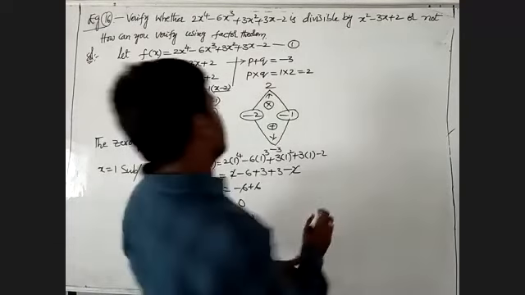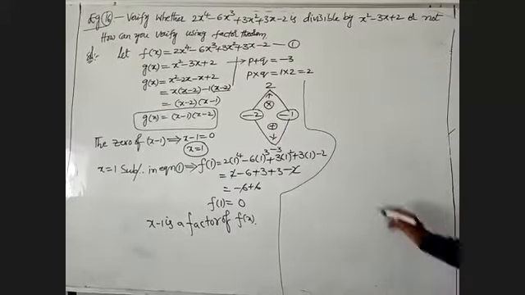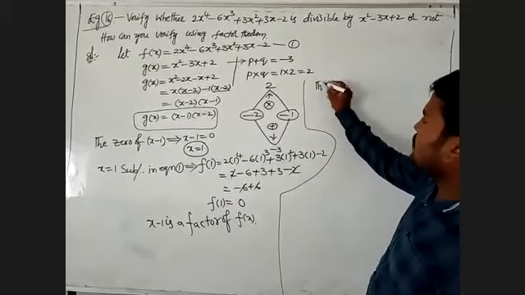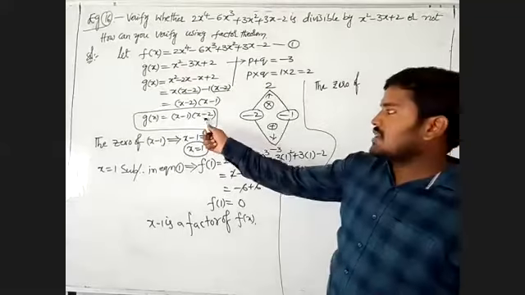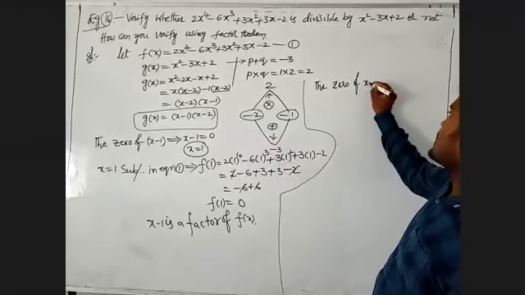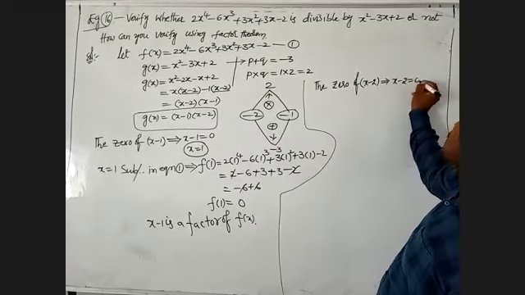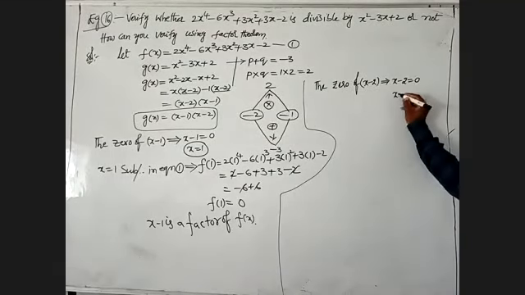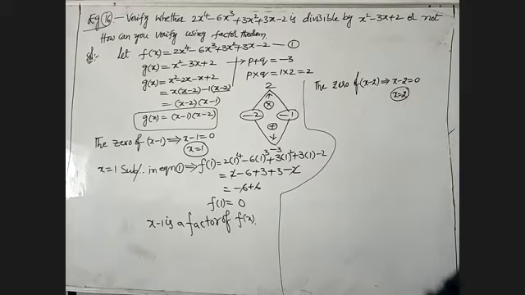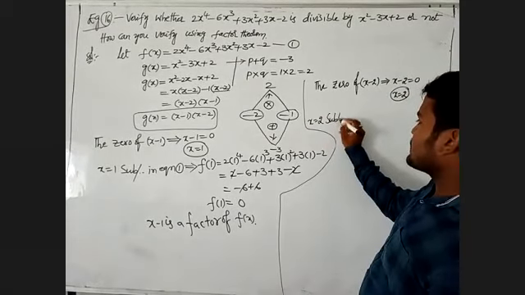After that, we'll take another one. The second one is the zero of x minus 2. I will write x minus 2 must be equal to 0, which means x is equal to 2.